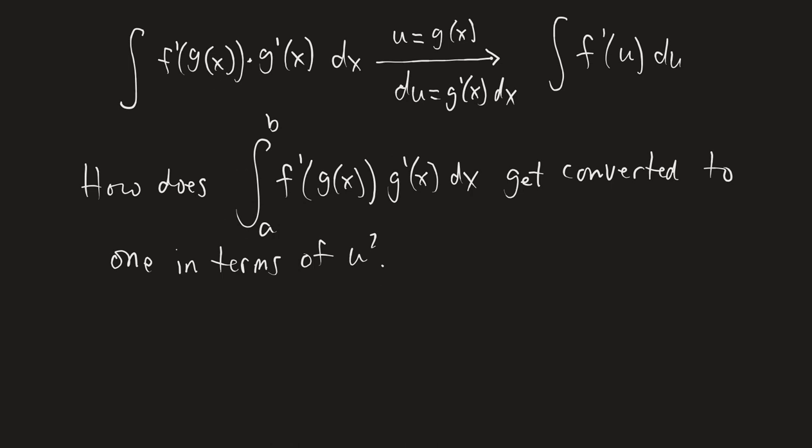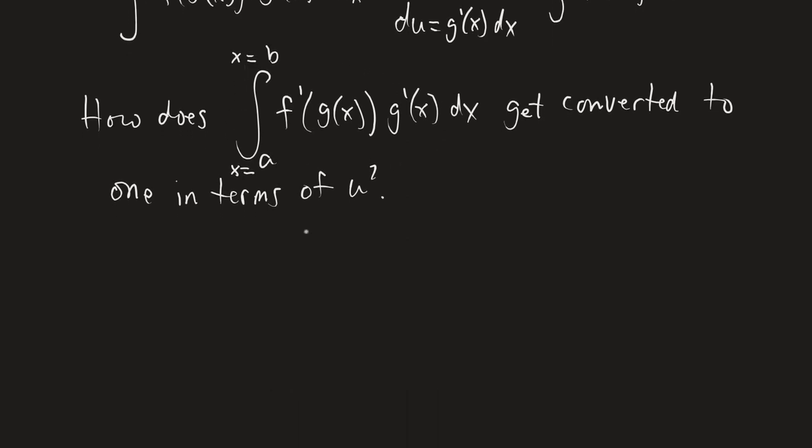Here is why. Don't forget what a and b represent. On the x-axis, a represents the lower limit of the region of integration, and x equals b represents the upper limit. I can sketch this.